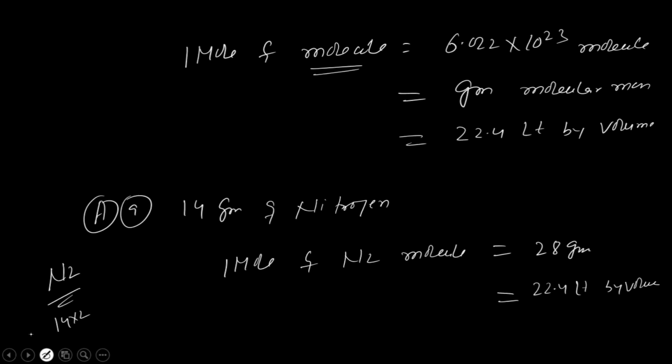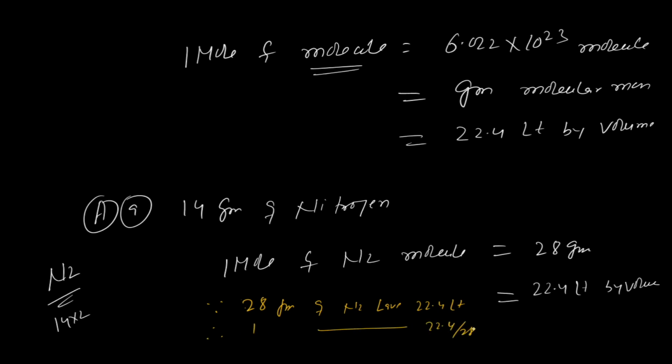So now have a look here. How do you solve it? Just use the unitary method. Since 28 gram of nitrogen has 22.4 liter volume, 1 gram will have 22.4 divided by 28.